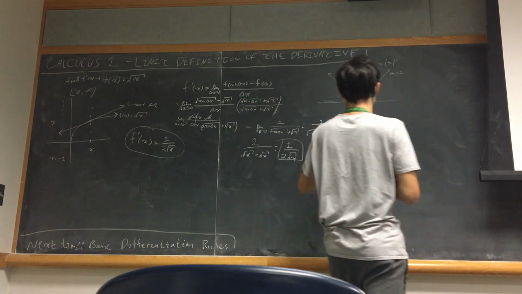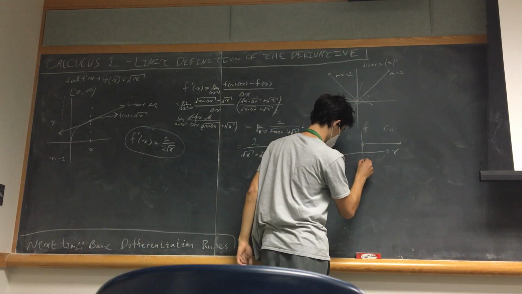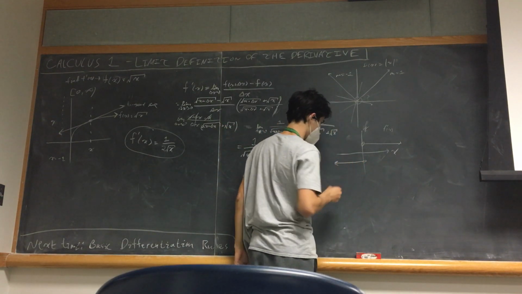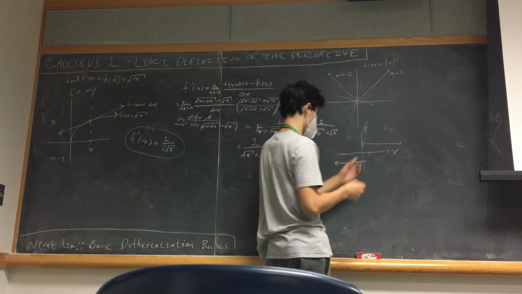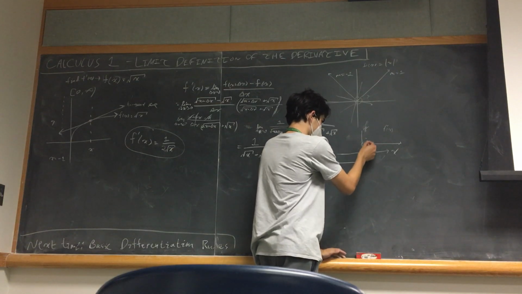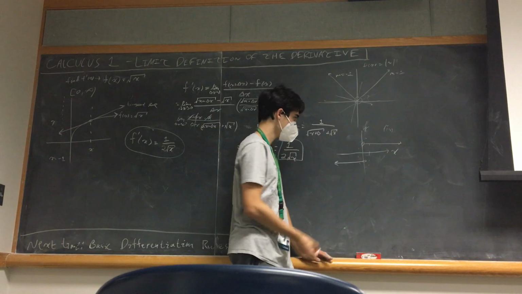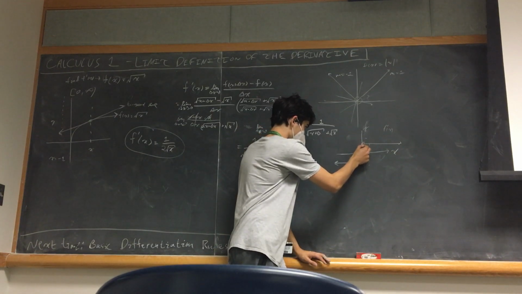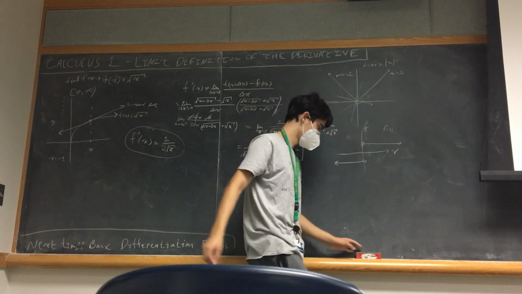We know that the slope from 0 to negative infinity is negative 1. Well, what is the slope at x equals 0? And as you can see, it doesn't exist. The slope is not defined at x equals 0.